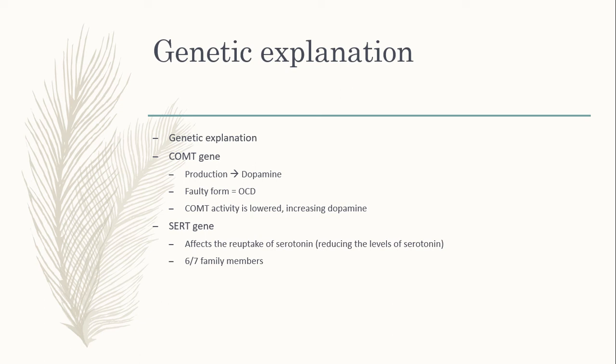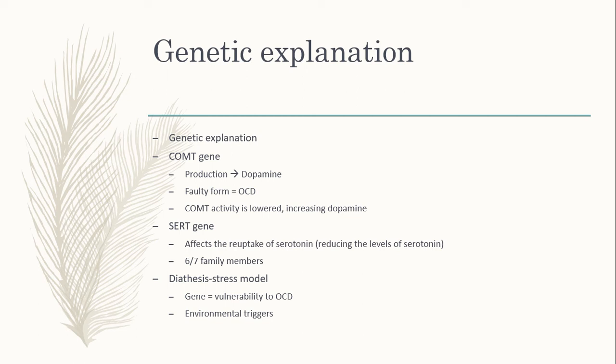A fault in the SERT gene affects the reuptake of serotonin, reducing the amount of serotonin available in the synaptic gap. And they do find that a large number of family members have faults in the SERT gene if there is OCD in the family.